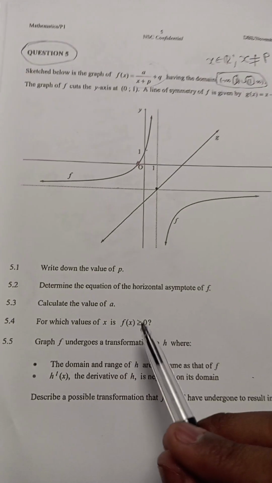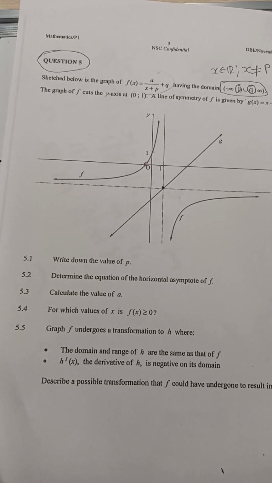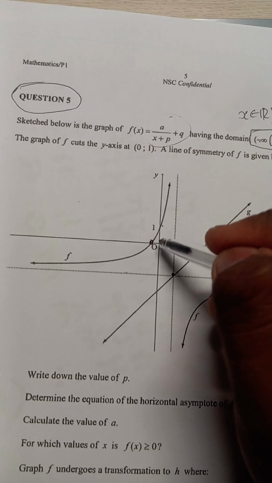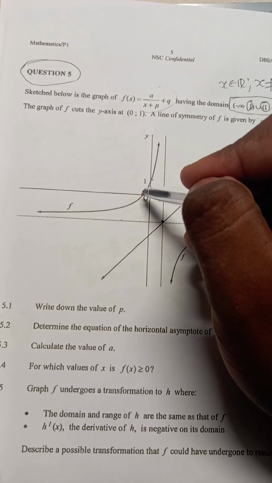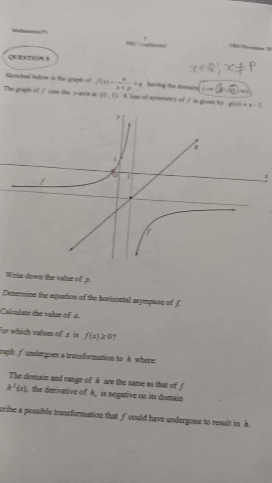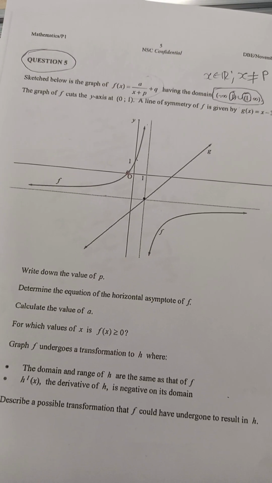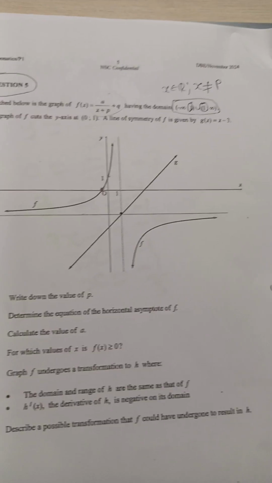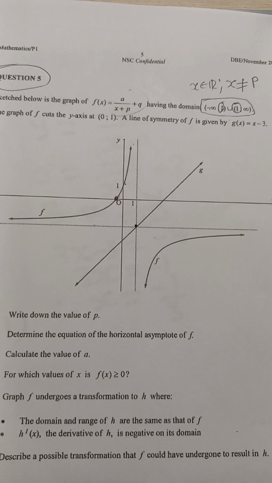Since it is saying greater than or equal to 0, there's something I want to show you guys. At this point, can you see that this is whereby the graph is above the x-axis? Where again is the graph above the x-axis? We are just checking the x values. The second x value that I have is 1.